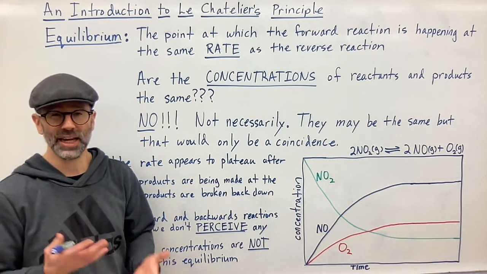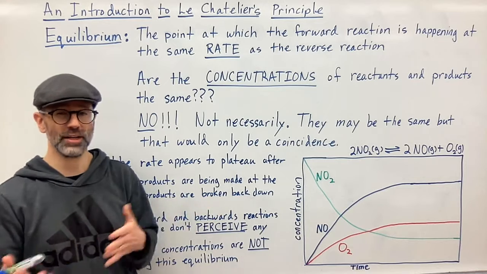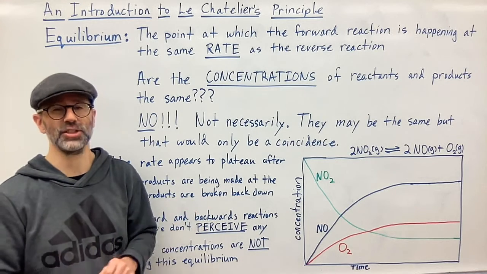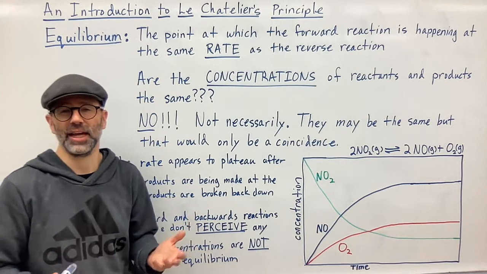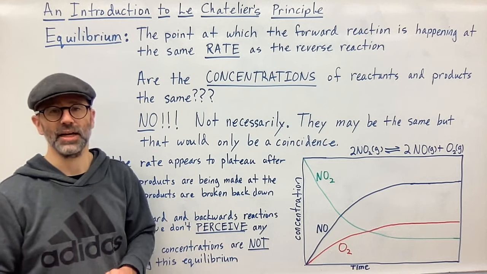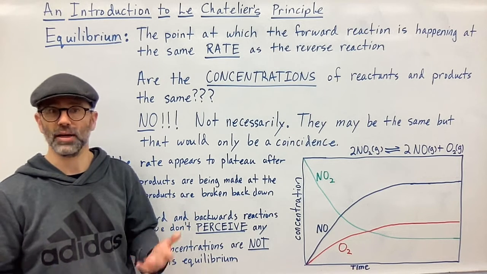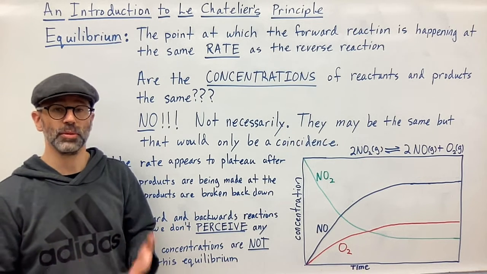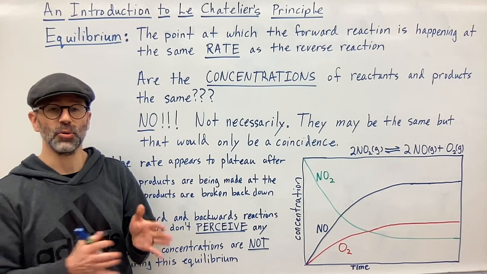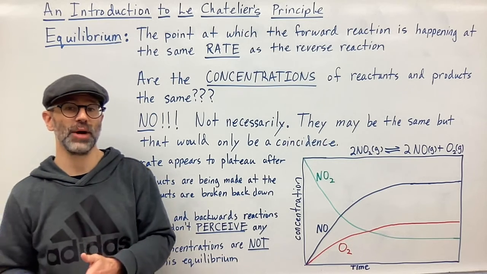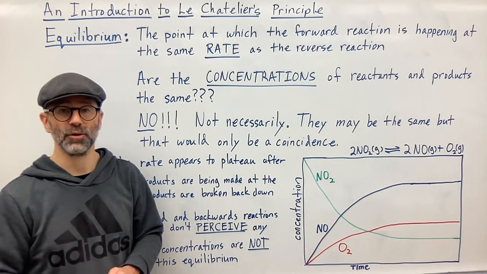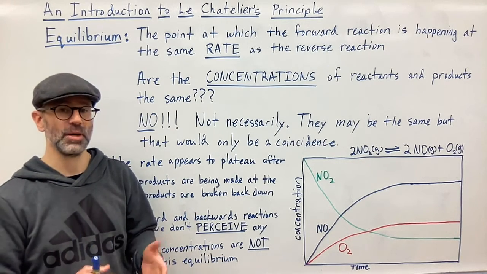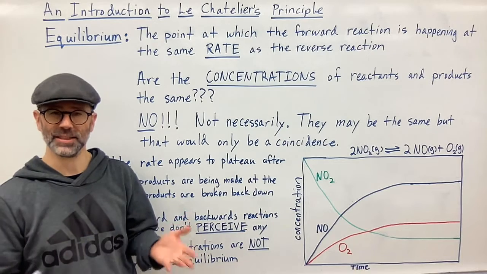If products and reactants have the same concentrations, then that's just going to be a coincidence. It's not part of what we mean by equilibrium. So what we mean by equilibrium again is that the rates of the forward reaction and the rates of the reverse reaction are the same, but the concentrations are not necessarily the same.